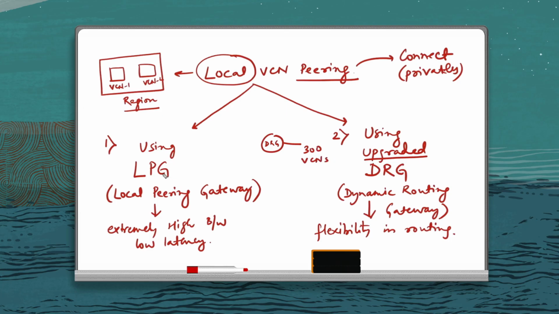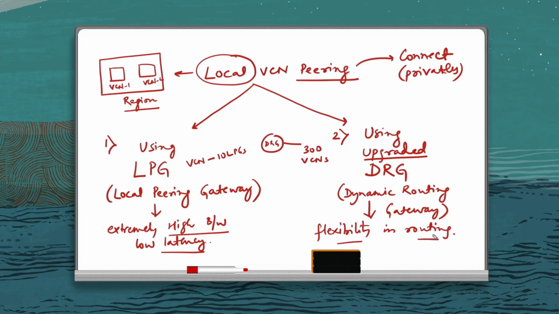While in case of local peering gateway, each VCN can have up to 10 local peering gateways. All right, so this first approach provides extremely high bandwidth and low latency, and using upgraded dynamic routing gateway, there is flexibility in routing.